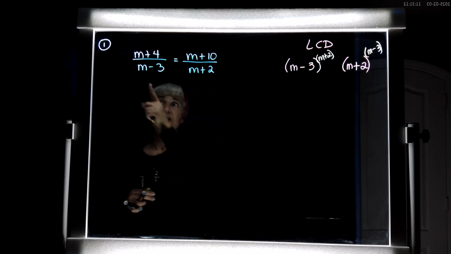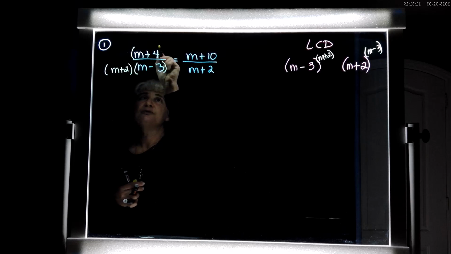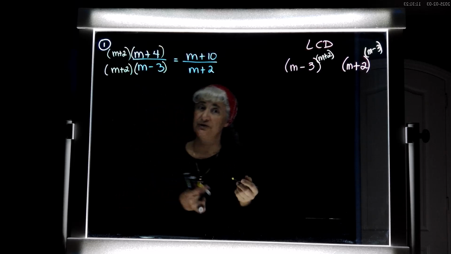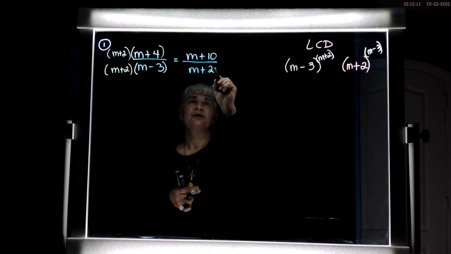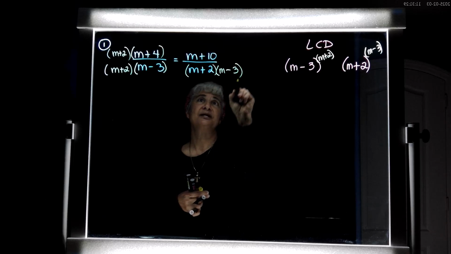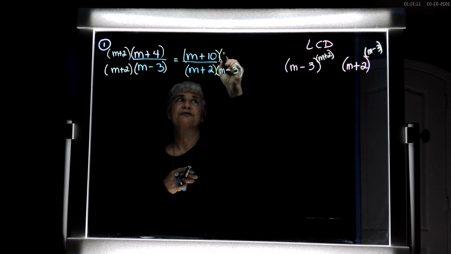So, to denominator number 1, I am going to have to multiply by m plus 2. But you know as well as I do, if you do it to the denominator, excellent, you do it to the numerator. Okay, denominator number 2 needs to get multiplied by m minus 3. And if you do it to the denominator, you do it to the numerator.